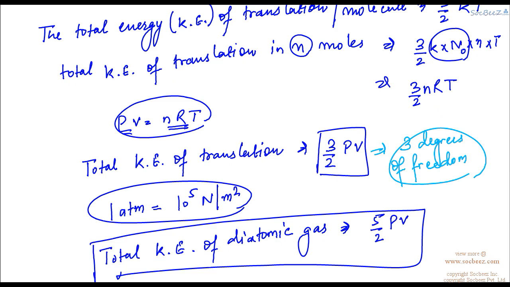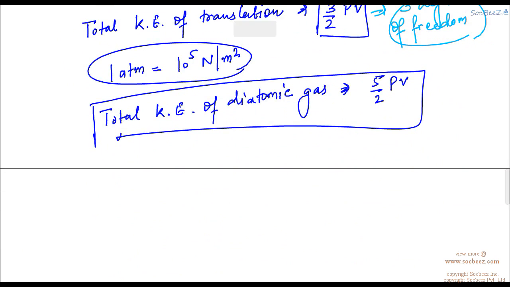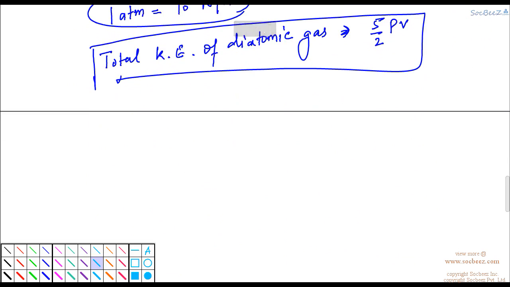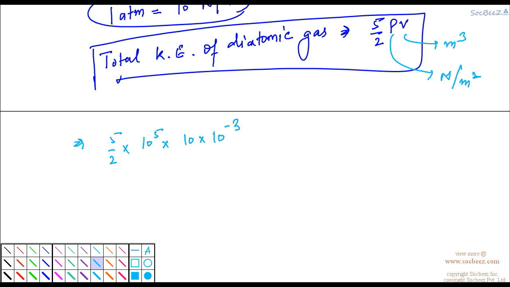And as we are dealing with the H2 molecules which have 5 degrees of freedom, so the total kinetic energy of the diatomic gas will be 5/2 into PV. So this could be calculated as 5/2 into pressure, that is 10 raised to power 5 Newton per meter square, into volume, that would also be required to be in SI units, that is meter cube. So the volume given to us is 10 liters, so 10 into 10 raised to power minus 3.